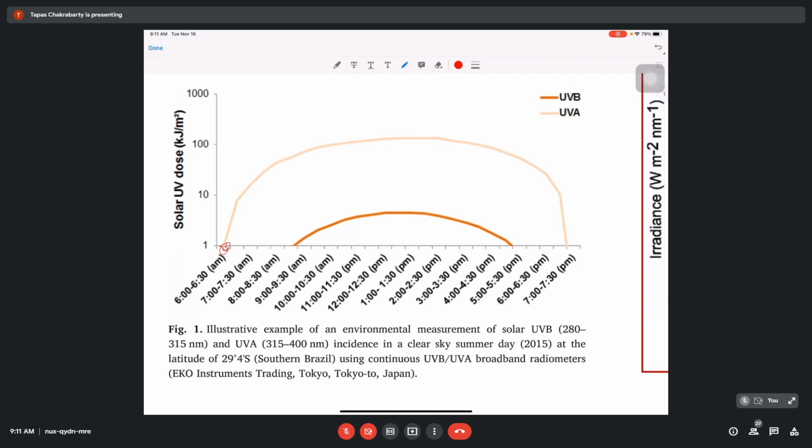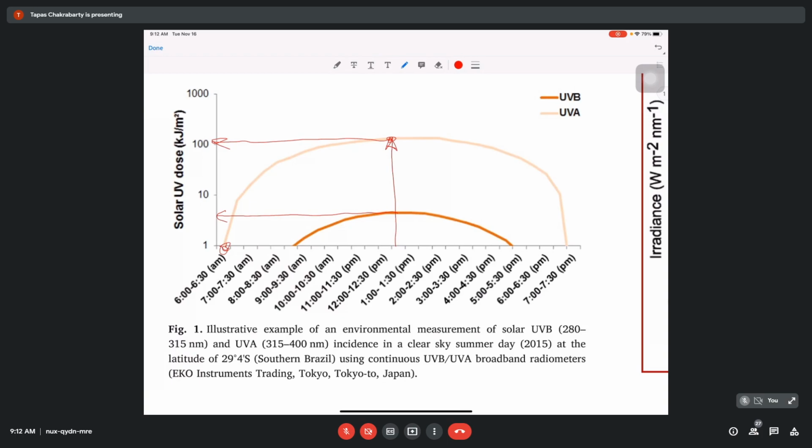And in the middle of the day, you can see here that the intensity of ultraviolet light is maximum. UVA naturally is where you get the maximum energy. But UVB, the wavelength below 320 nanometer, has less energy.